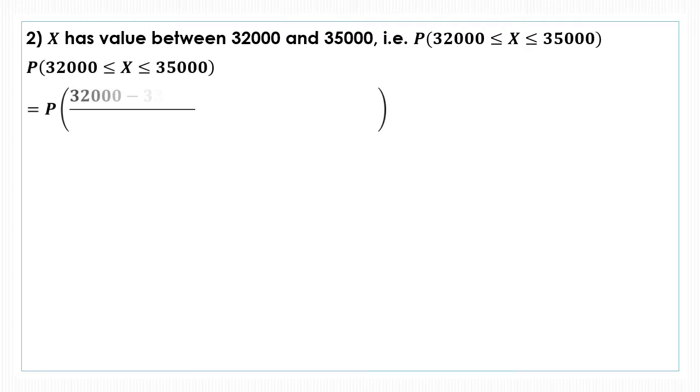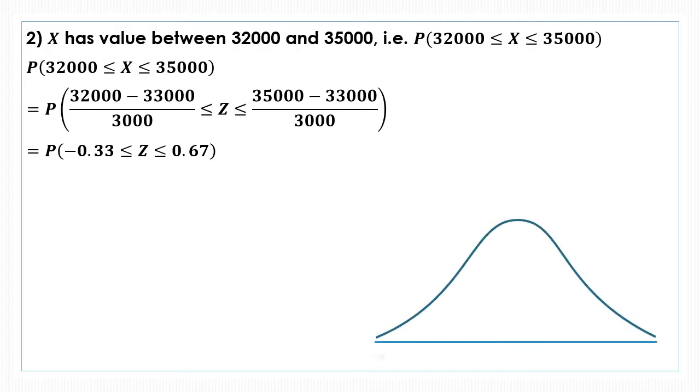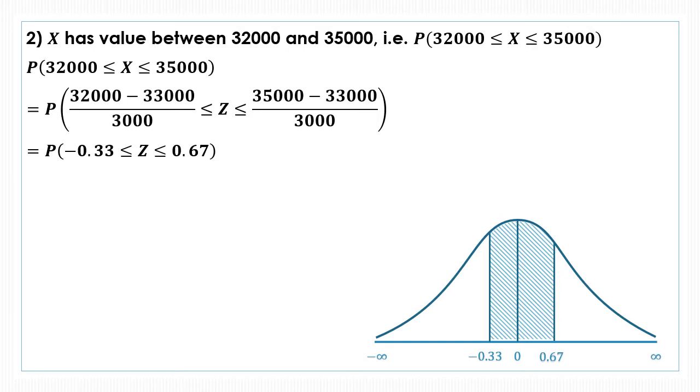When we convert it into our Z value, (32,000 minus 33,000) upon 3,000 and (35,000 minus 33,000) upon 3,000, solve this and you get negative 0.33 and 0.67. So naturally you draw a curve here depicting negative 0.33 on the left hand side and positive 0.67 on the right hand side, and the area in between these two is our probability. So negative 0.33 to 0 and 0 to 0.67 is what we are going to calculate.